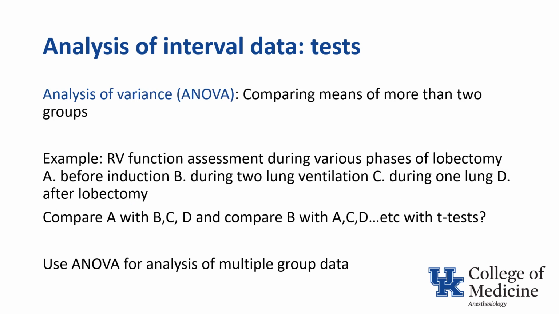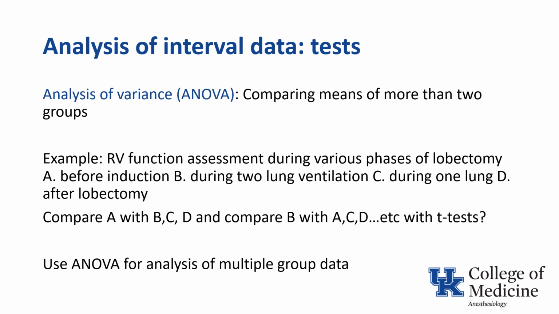Oftentimes during an experiment, you may have more than 2 sets of data that you want to compare with. Let's take an example of an experiment where you assessed the right ventricle function during various phases of a thoracic surgery, let's say lobectomy.